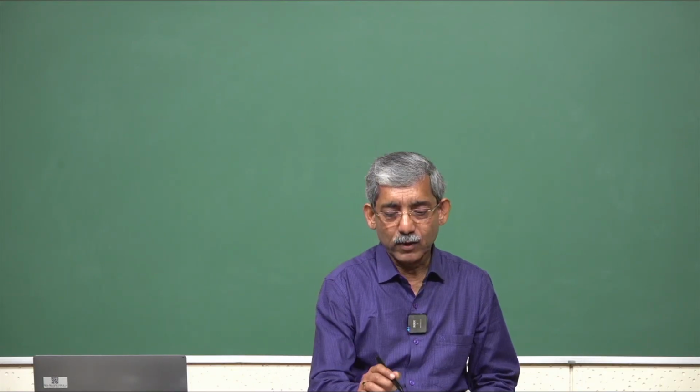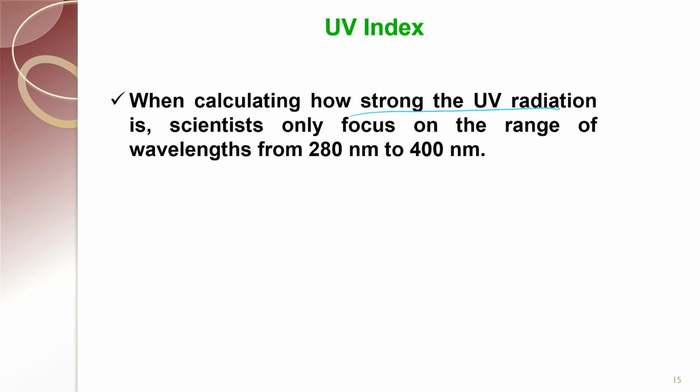So, when calculating how strong UV radiation is, scientists only focus on the range of wavelength 280 to 400 nanometer.